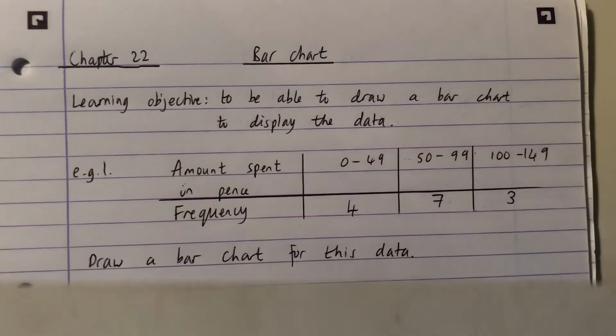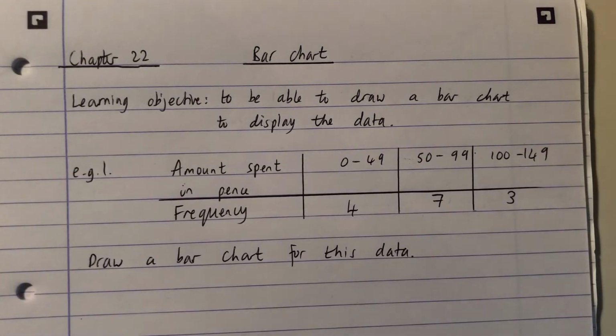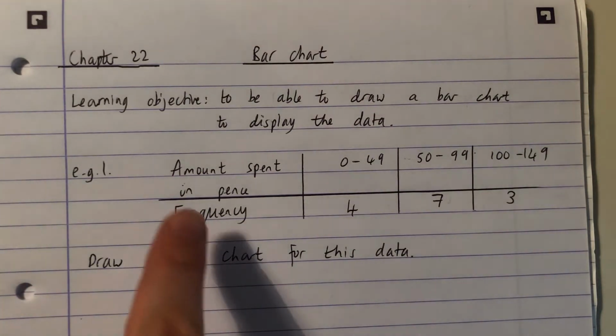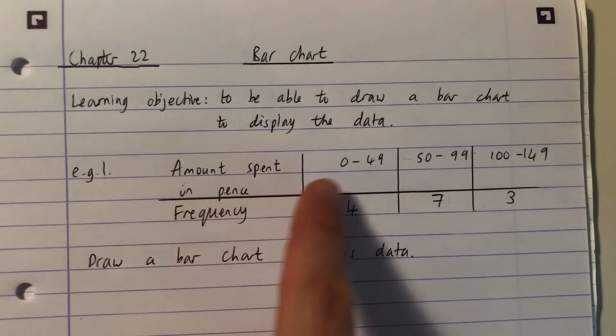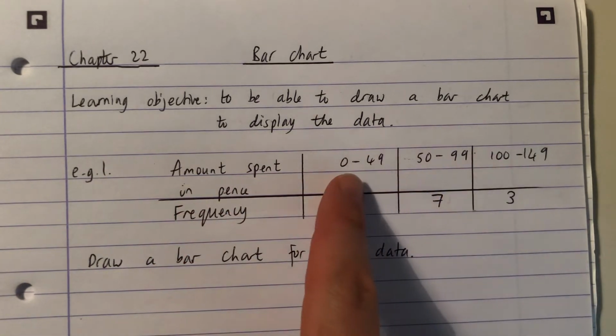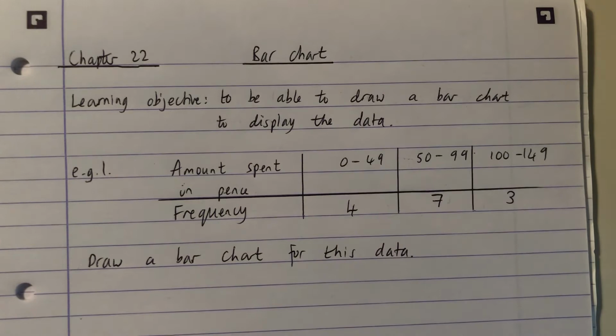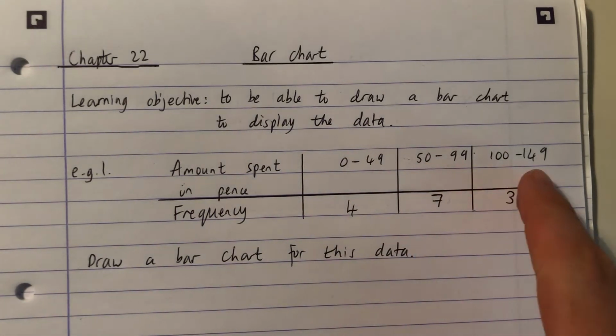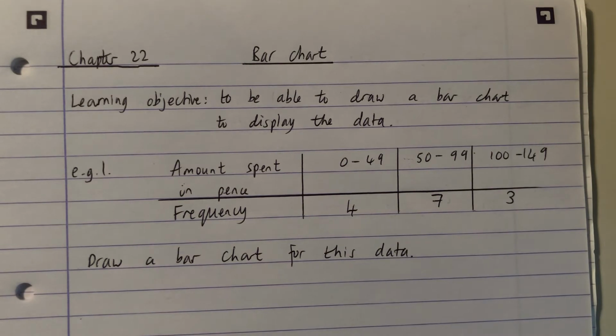So let's imagine we have a very simple question about how much money was being spent on, say, sweets in a particular shop. So we've got amount spent in pence, and there are three different amounts: between 0 and 49p, between 50 and 99p, between 100 and 149p, and then you've got frequency, which is how many people were in each of those different groups.